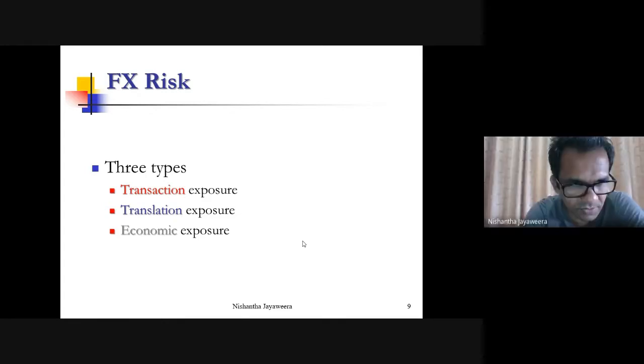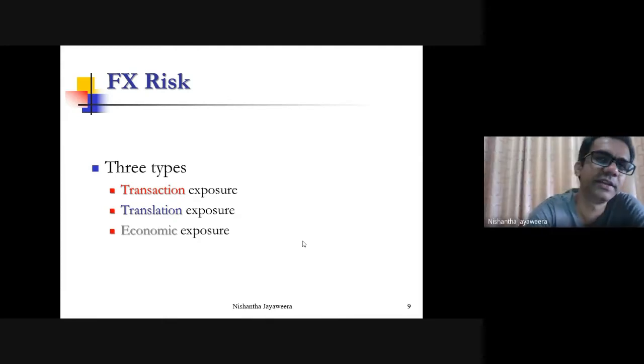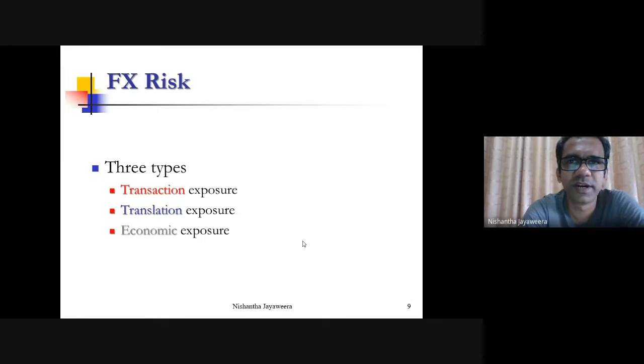Two parties. One question. You mentioned when two parties agreed to buy or sell one currency against another, then you are exposed to the transaction exposure. Is it correct?